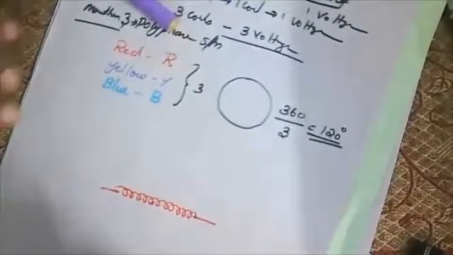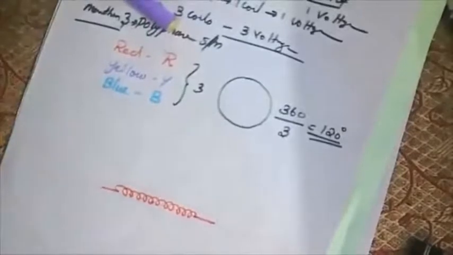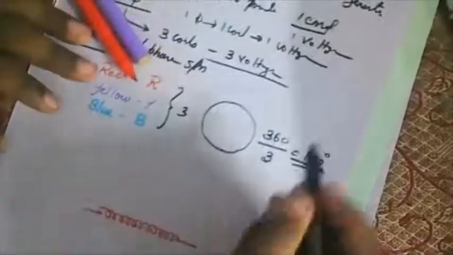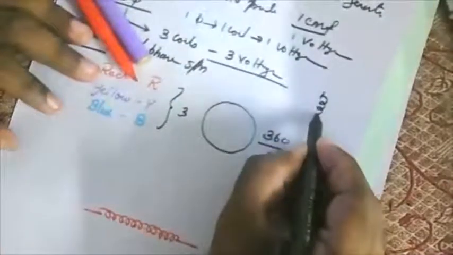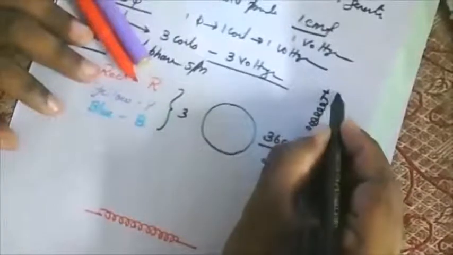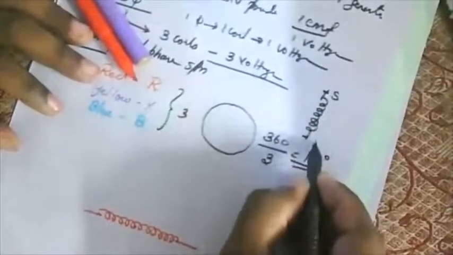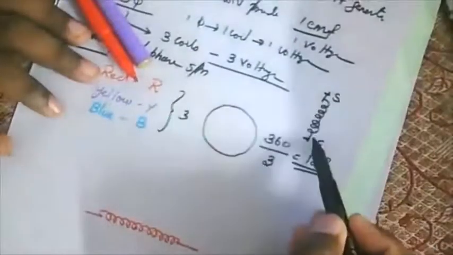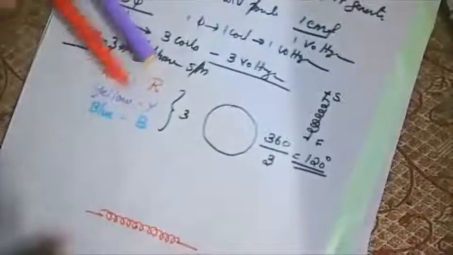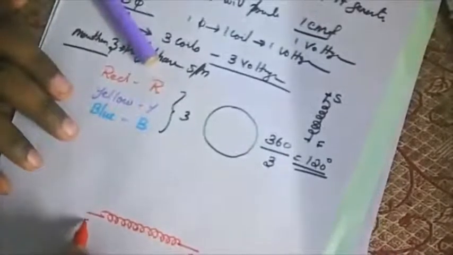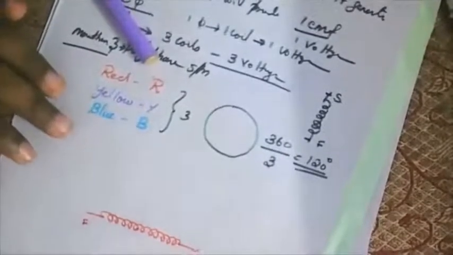Now, how do you realize a coil? Whenever I say I have a coil, it is represented in this pattern. There will be a starting portion and a finishing portion. So this is going to be the start, and this is going to be my finish.